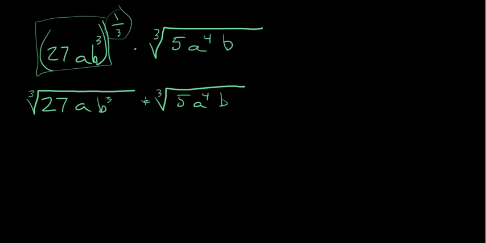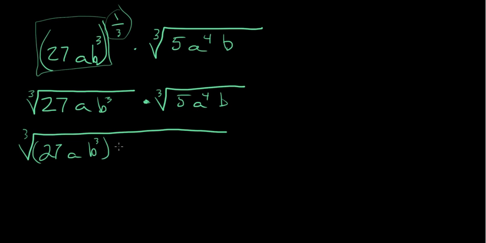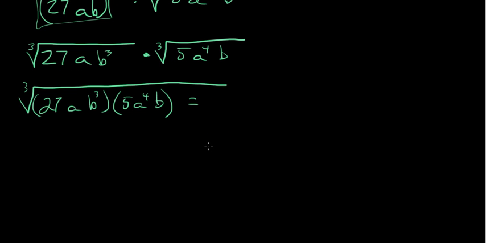Now it's time to use those properties we just talked about. And we just combine those two. I got the cube root of 27a b to the third times 5a to the 4th b. And what does that equal? The cube root.